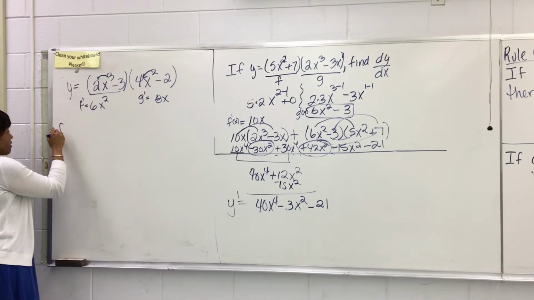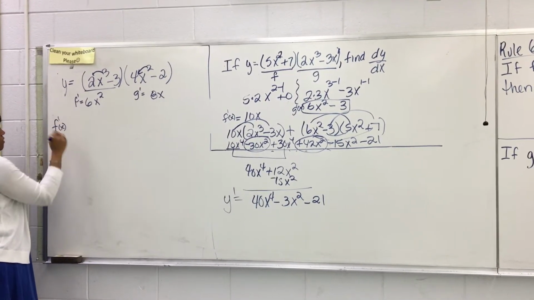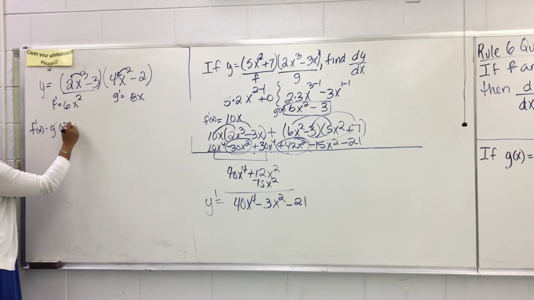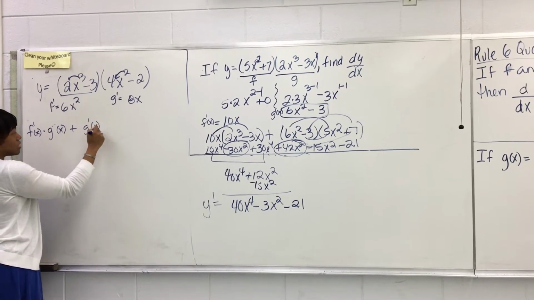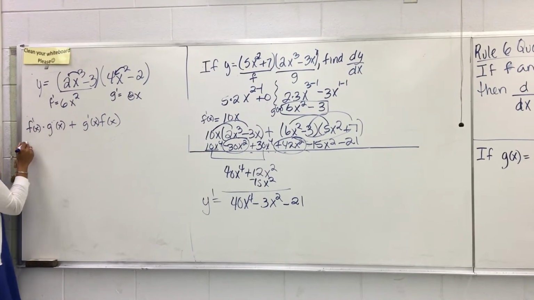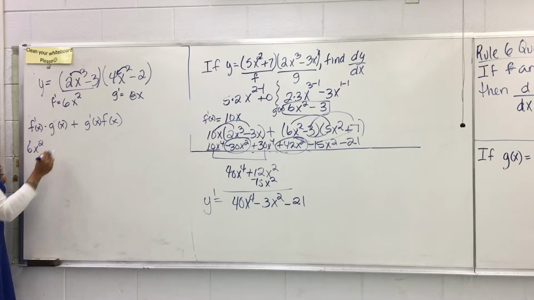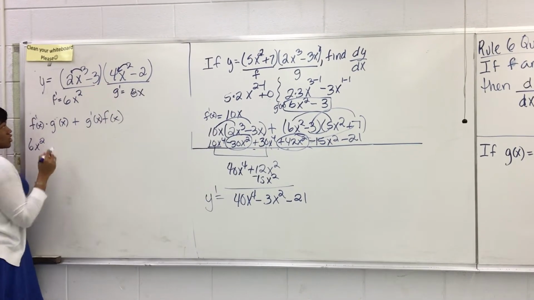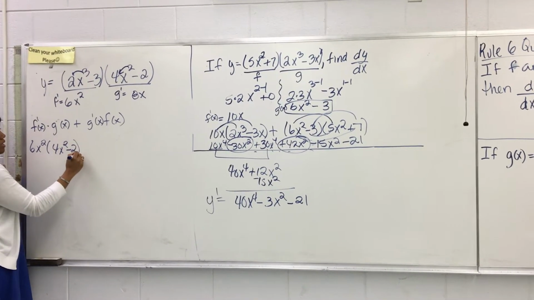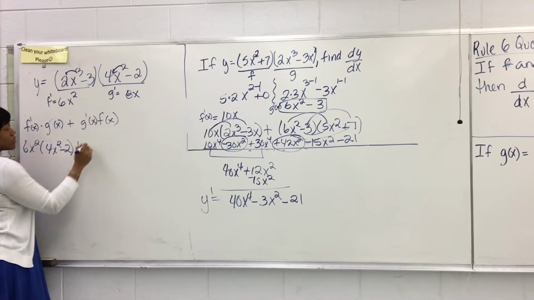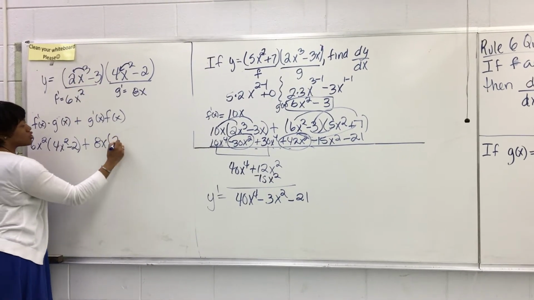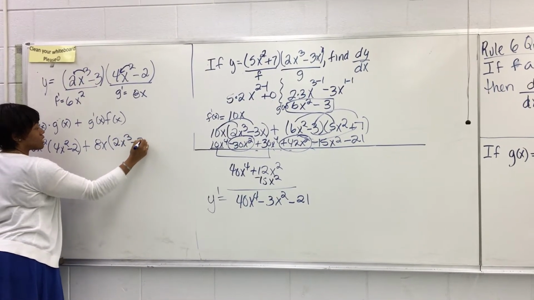So the derivative would be, again, derivative of f times g plus the derivative of g times f. So the derivative of f is just 6x squared, and I write down my original g, which is 4x squared minus 2, plus my derivative of g, which is 8x, times my original f, which is 2x cubed minus 3.